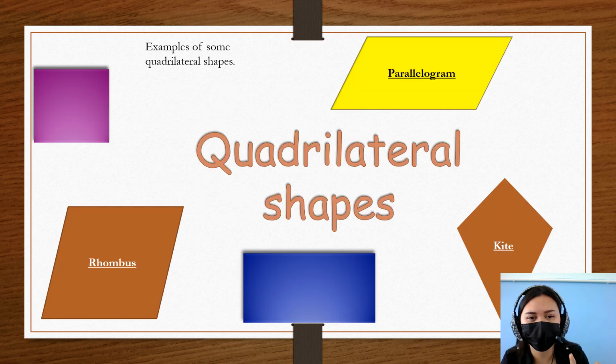So these are examples of quadrilaterals. We have here square, rhombus, rectangle, kite, and a parallelogram. We have also trapezoid, okay, but not here.